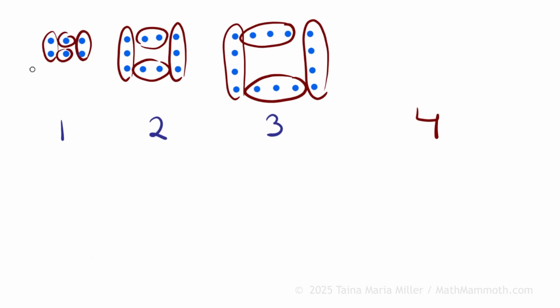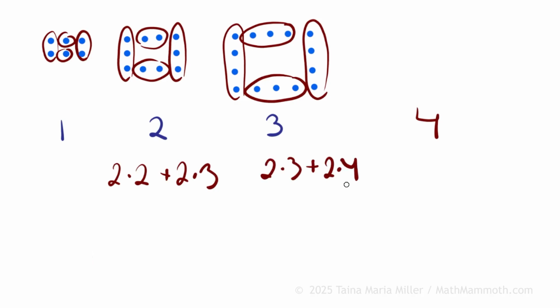And now if I compare these groupings to the step number, I see that in this step I have 2 times 2 and 2 times 3. Here I have similarly 2 times 3 and 2 times 4. And 3 is my step number, and 2 here is my step number.